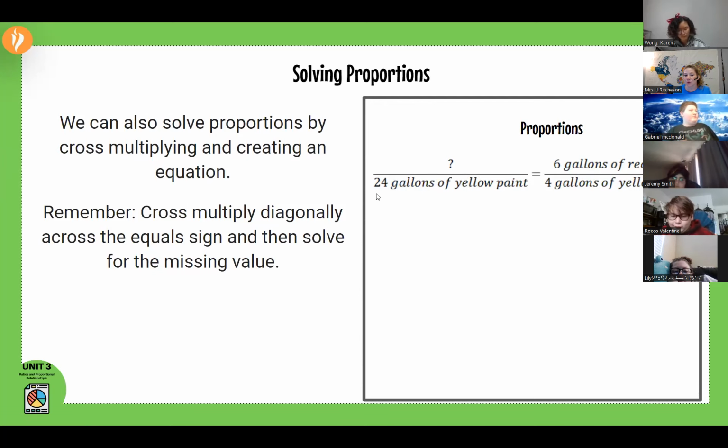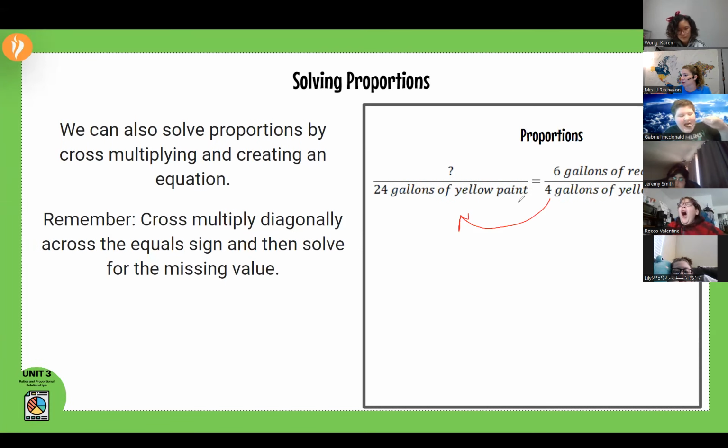And what if I have 24 gallons of yellow paint? Would I be able to figure out how many gallons of red paint is equal to that? What could I do mathematically? What would I do mathematically to get from 4 to 24? What times 4 is 24?